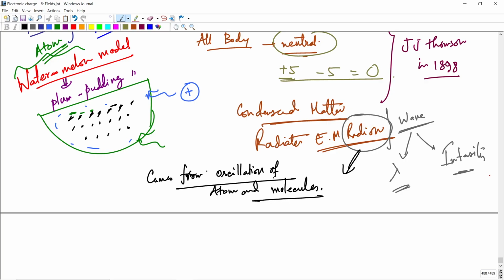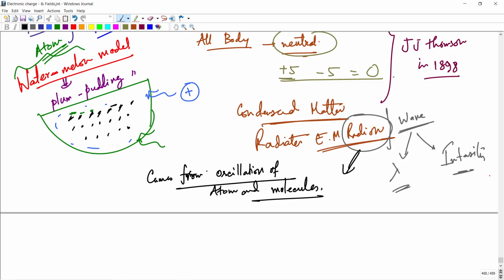Clear? If your atom or molecule vibrates, there is some radiation. Like in the previous chapter, in calm water, if I drop a stone in the pool there is some undulation. If there is undulation, there is some oscillation. Similarly, if atoms or molecules vibrate, they create oscillation, and obviously where there is oscillation, there is radiation.